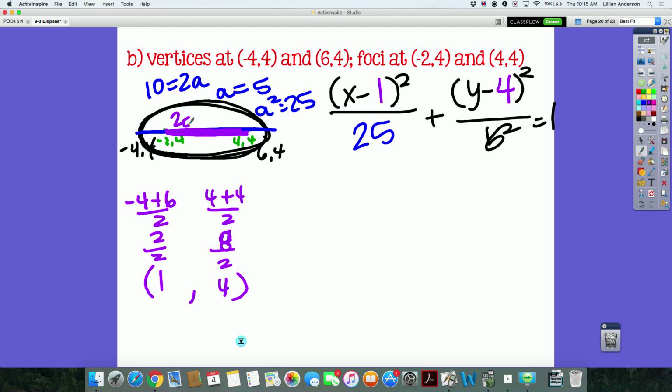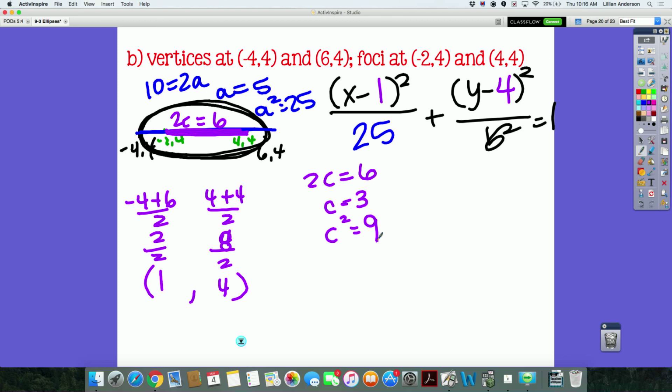So 2 times either a, b, or c represents the length of those respective axes. So from focus to focus, that's going to be a length of 2c. So 2c is going to equal 6. To go from negative 2, 4 to 4, 4, that is 6 units. So if 2c is equal to 6, that means c is equal to 3, which means that c squared equals 9.